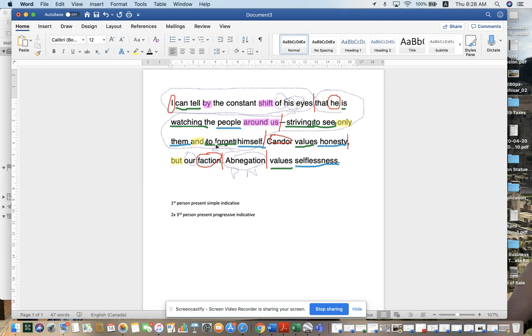To see and to forget are infinitives, don't have to worry about that. Candor values, then we have third person, singular, present, simple, indicative. Perfect. And we have it two times.